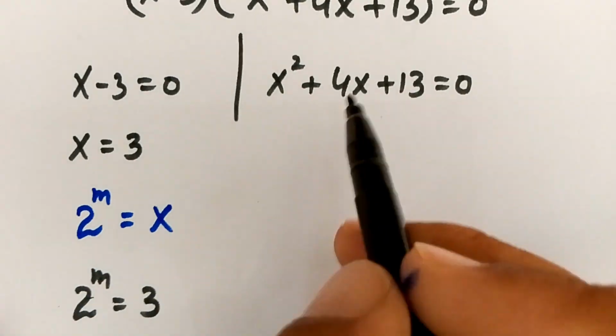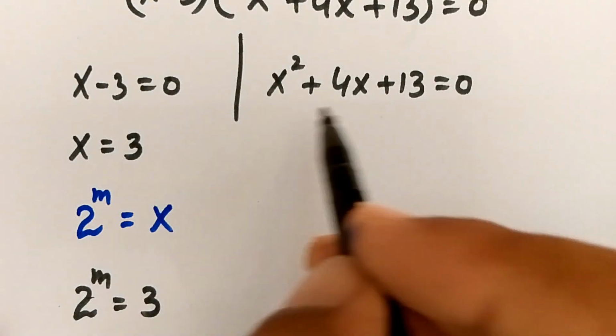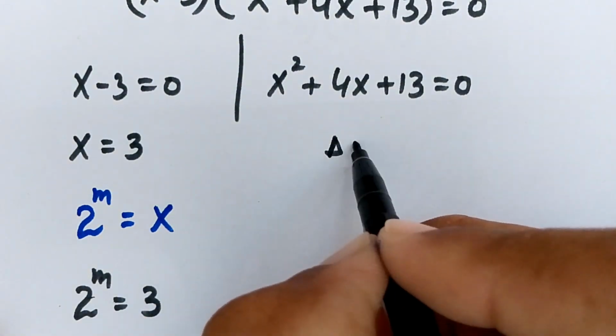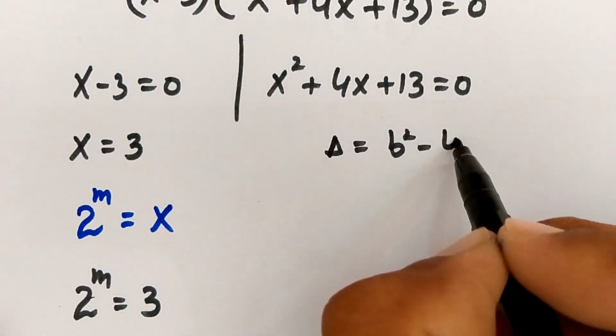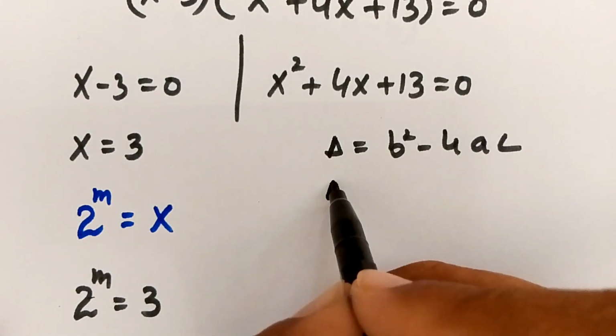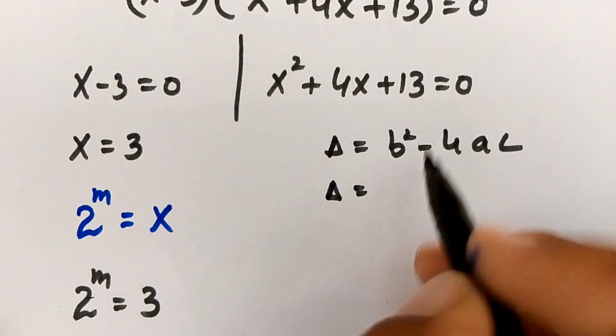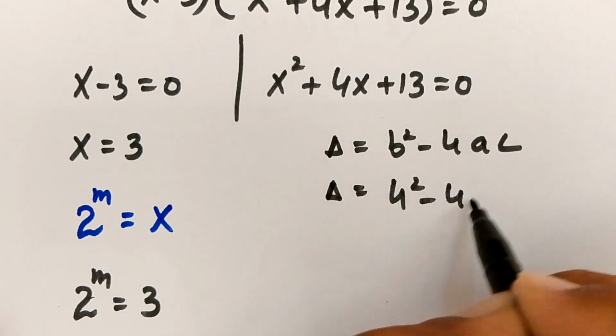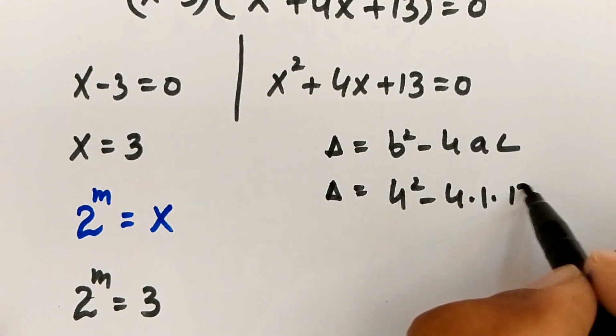Now we have to solve case number second. We have to solve this case number second by discriminant formula. So here discriminant is equal to b square minus 4ac. Here b is equal to 4, so 4 square minus 4 times 1 times c is equal to 13.